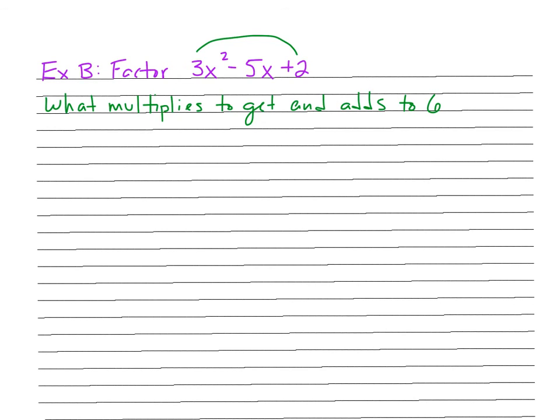I apologize, I'm all over the place. What multiplies to get 6 and adds to get -5?